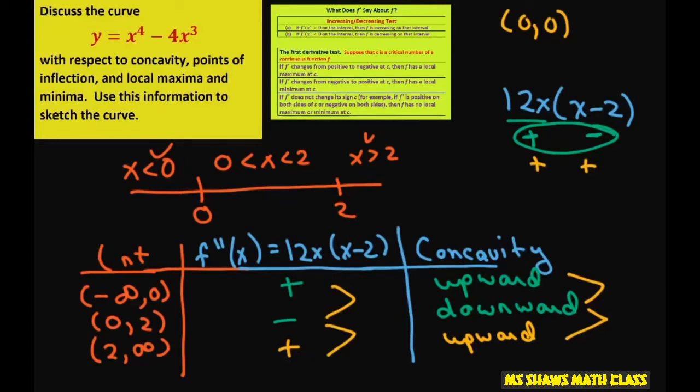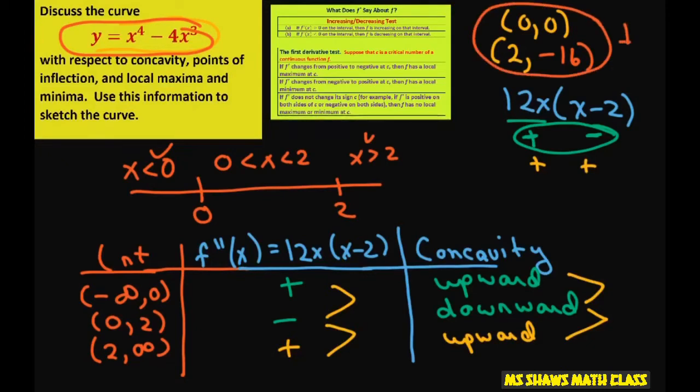Also at 2, that's an inflection point because it's changing from downward to upward. If I plug in 2 into this equation here, that's going to be 2 comma negative 16.